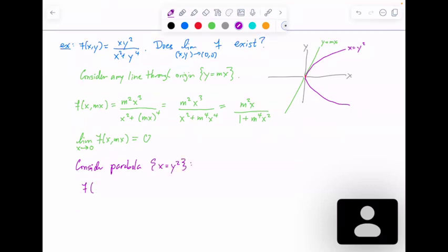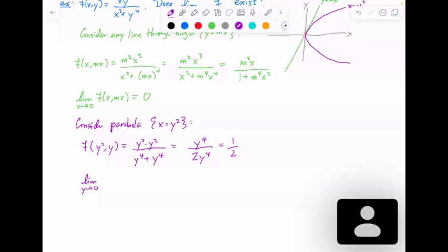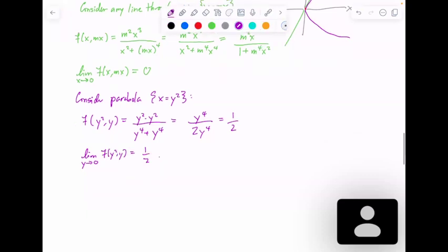If I plug in x equals y squared, my function, so x is now y squared and y, gets me y squared times y squared up top. And then I have y to the fourth plus y to the fourth on the bottom. This is y to the fourth over 2y to the fourth, which is a half, which tells me that the limit as y goes to 0 along this parabola is a half.